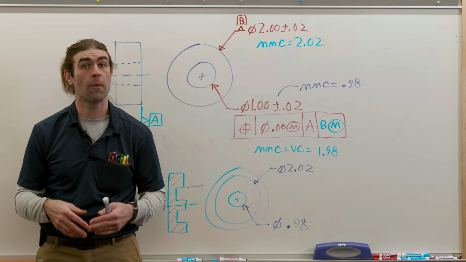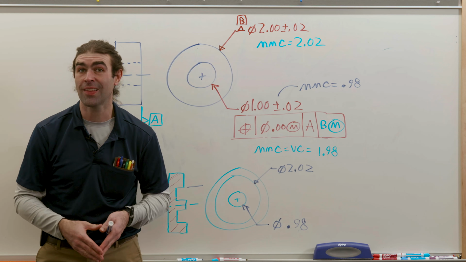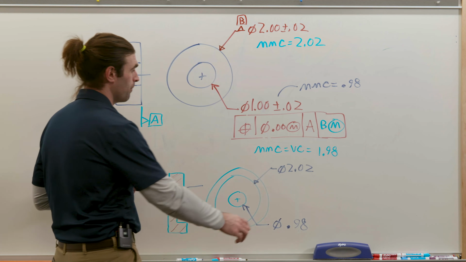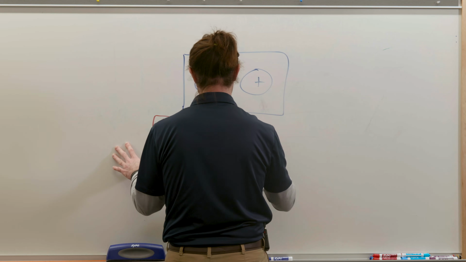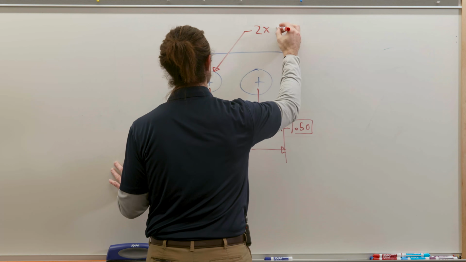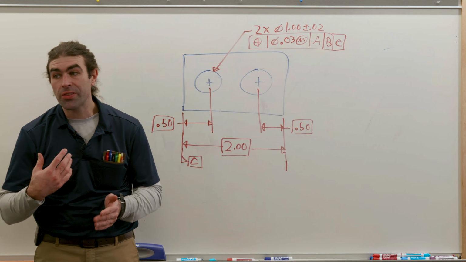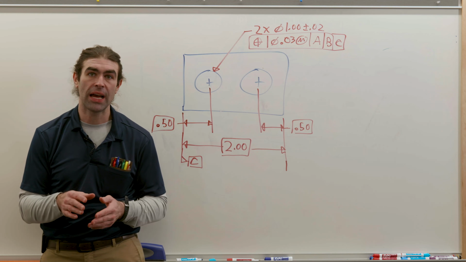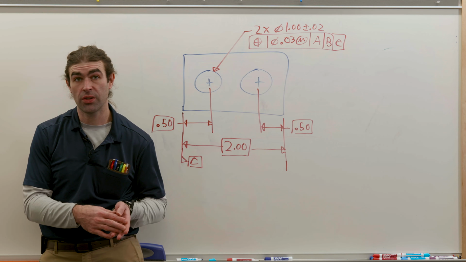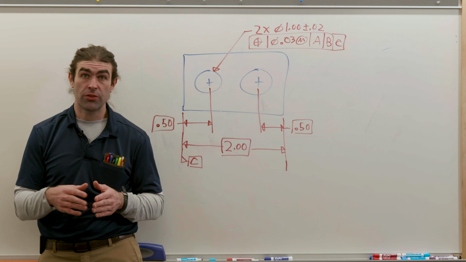Next, we'll move to basic dimensions, which is mercifully simple, and it'll be the last thing I talk about in this video. So basic dimensions are theoretically exact dimension values applied to size or location of features that are controlled with a feature control frame.